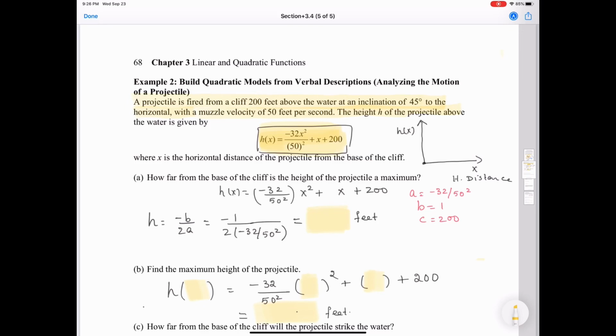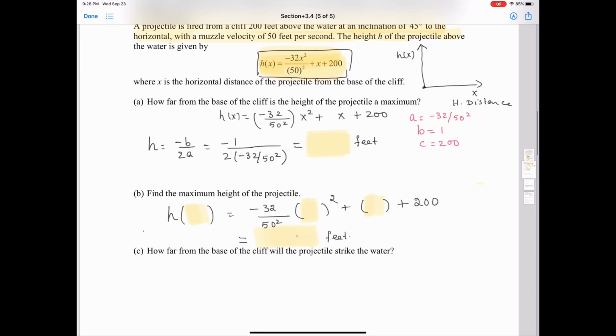There's one more thing to talk about, the last section of this problem, where it is asking how far from the base of the cliff the projectile will strike the water. If you think of the path of the projectile, you're already standing at a 200 feet height, and then you would be throwing a projectile.